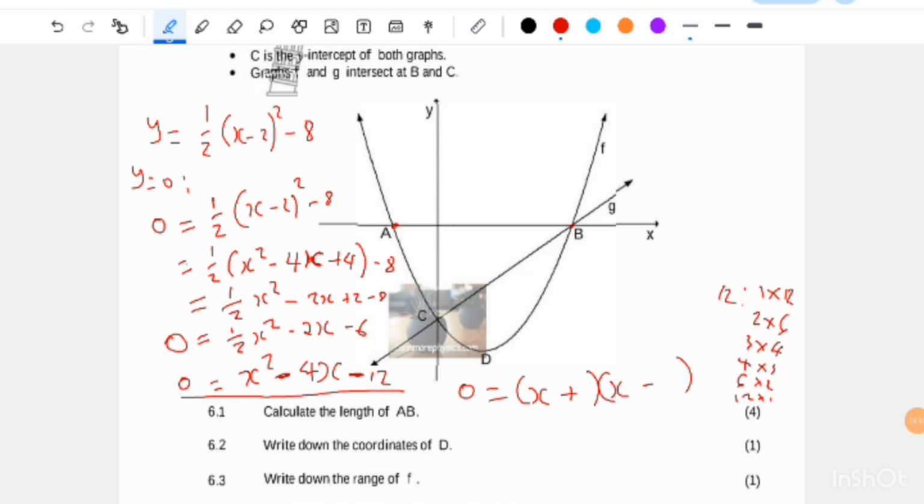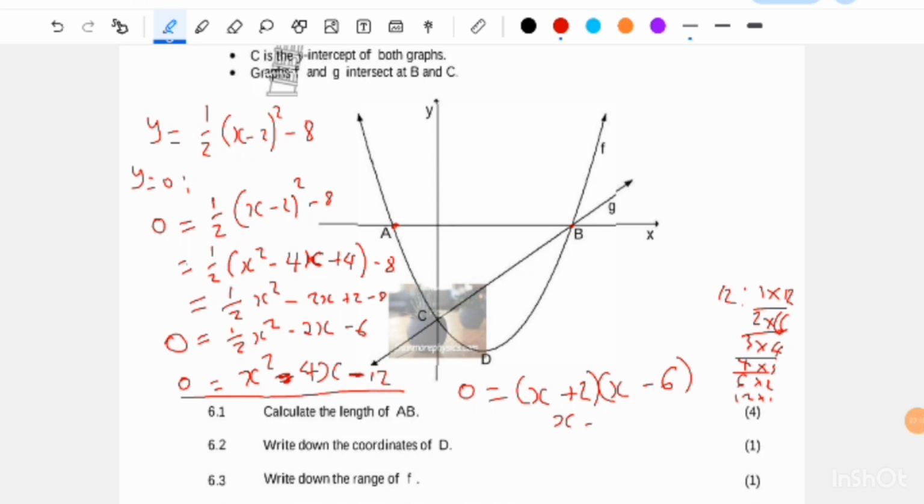Now you look at these multiples. Which ones, when you add them up, give you negative 4, the middle term? It means here it's 2 and 6. So here we're going to put 6, and here we're going to put 2, because minus 6 plus 2 gives us negative 4.